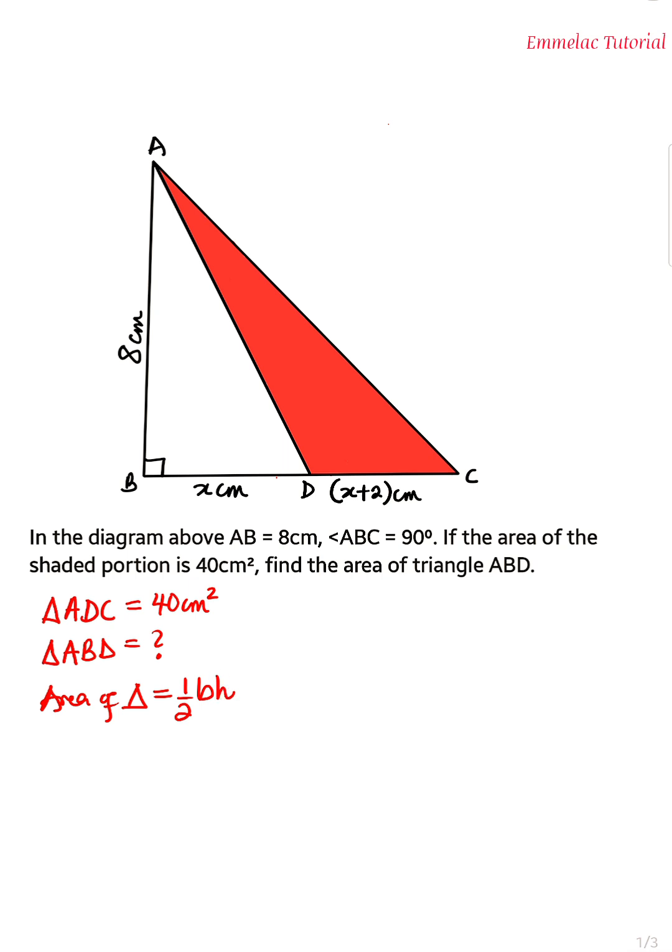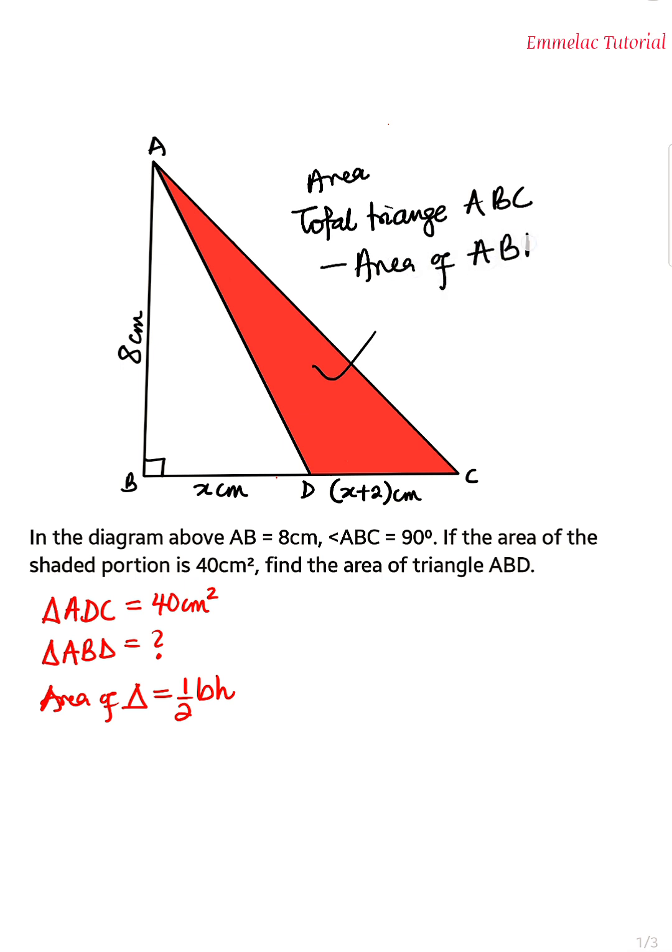Now since this part is given, what we need to do here is to find the area of the total triangle, which is ABC, minus the area of ABD, which will definitely give us the area of the shaded portion ADC.